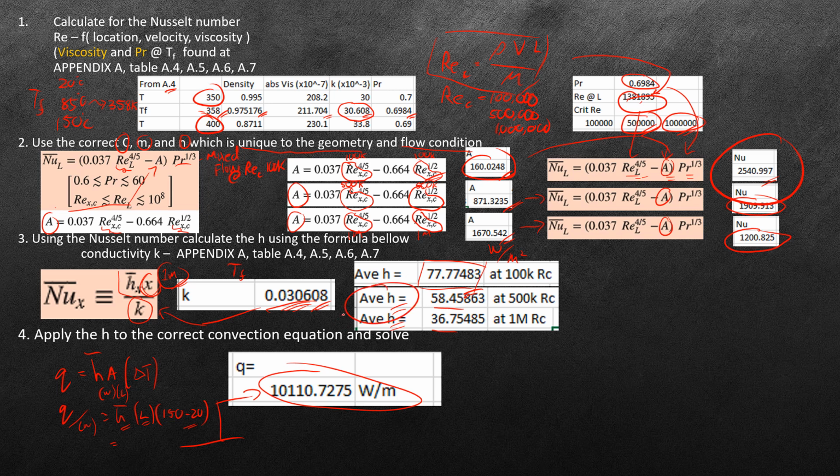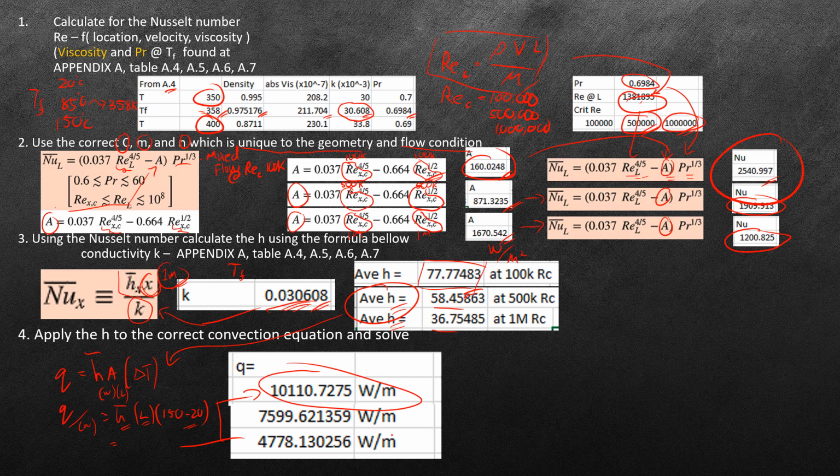Plugging these different values into our heat equation, we will be left with our new values for our heat rate. Now, as you can see, we have a trend here: with increasing critical Reynolds number, we see a decreasing amount of heat rate.